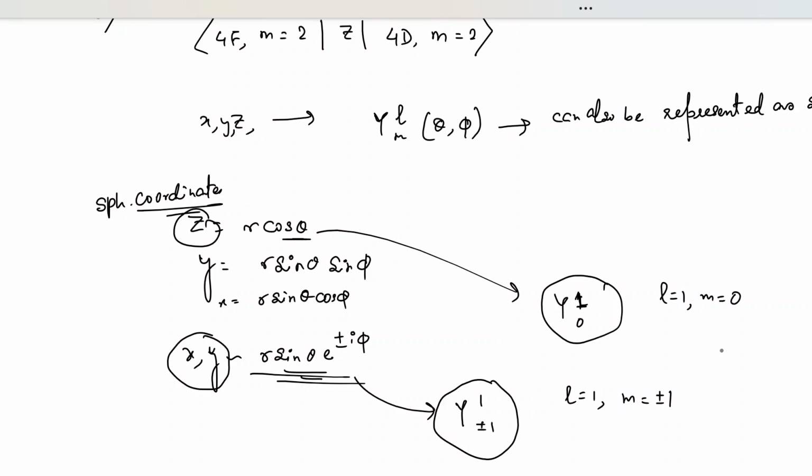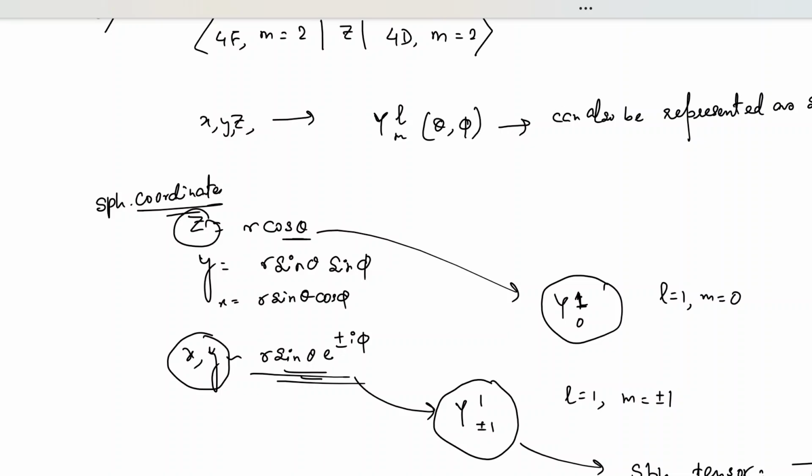So you can represent this as a spherical tensor of rank 1, that will go like T bracket 1, meaning rank 1, and then plus minus 1 defining the m value.